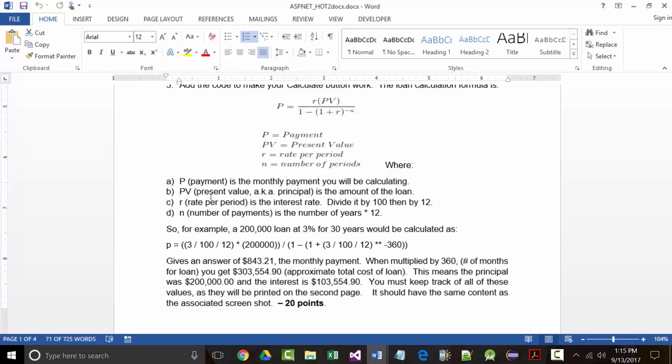Especially if you give the user something where, let's say I goof that up and instead of being $843.21 a month, somehow it was half that. If I sign a contract with somebody, a bank can't come back later and say we made a mistake and you're actually only paying half of what you're supposed to pay. They can try to come back and get that money, but it was their error.